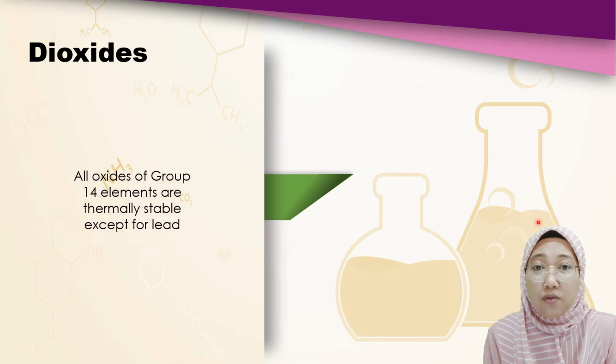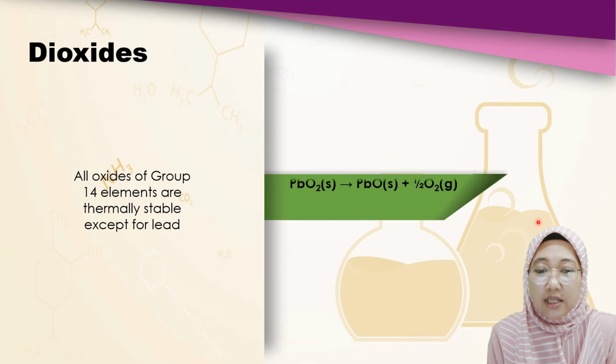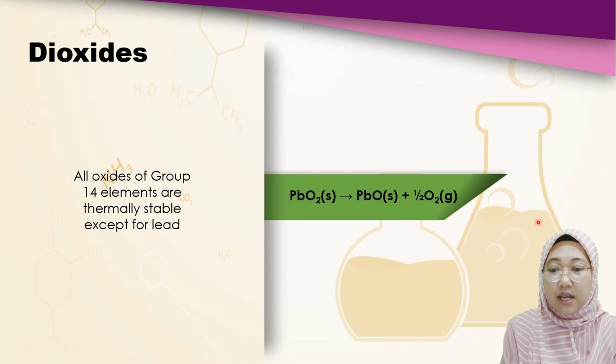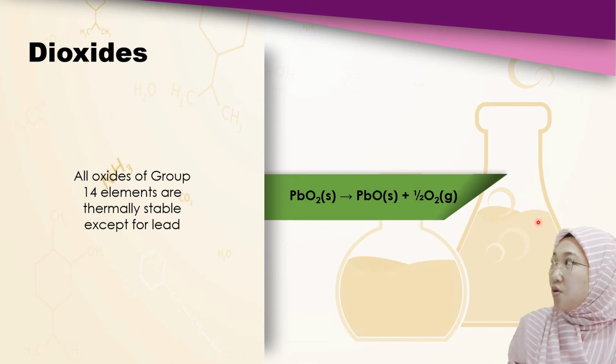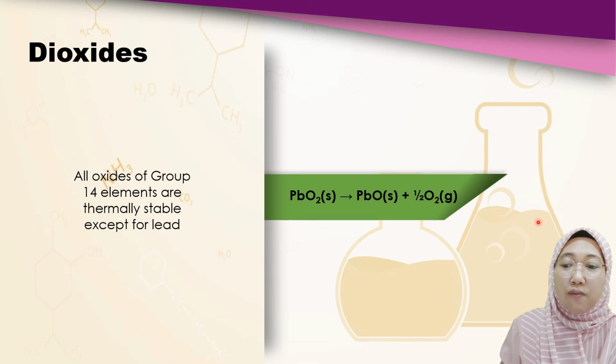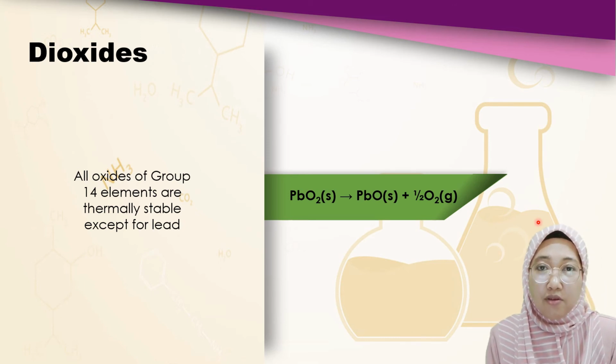All oxide of group 14 elements are thermally stable except for lead. Okay, jadi lead will decompose from lead 4 oxide to lead 2 oxide. Okay, this is the chemical equation for decomposition of lead 4 oxide.